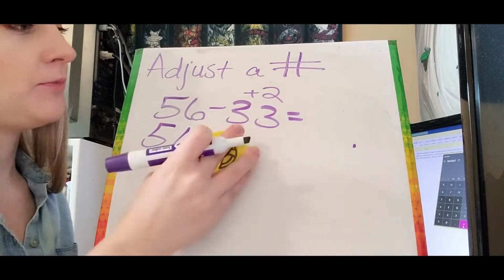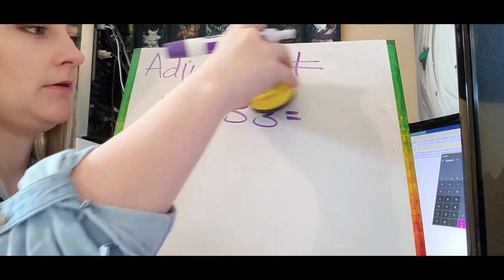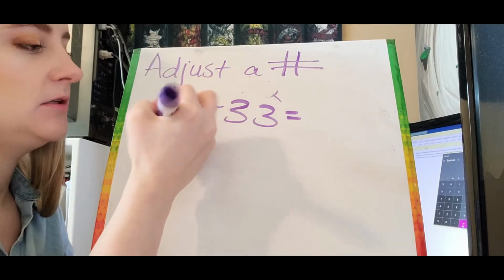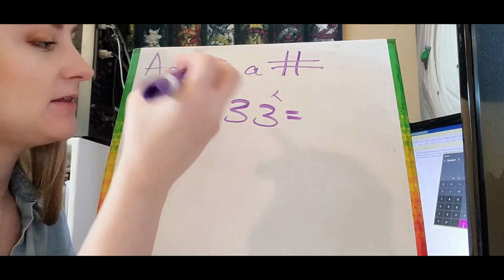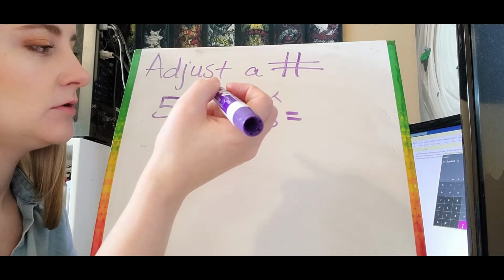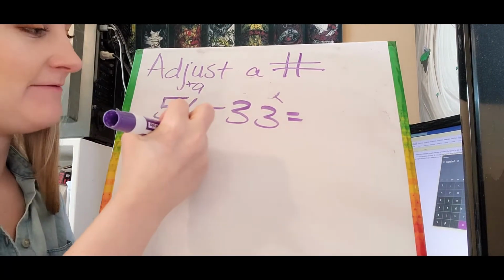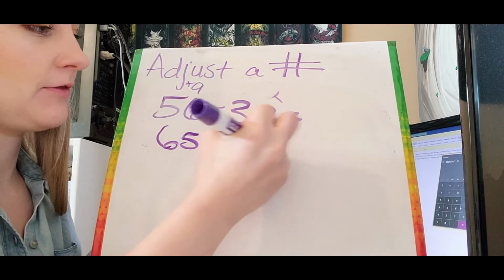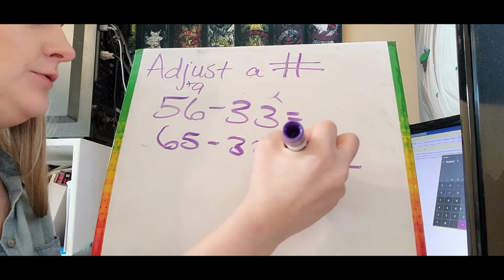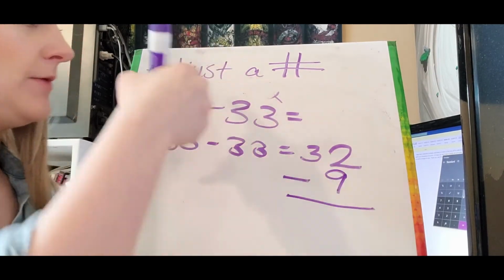Alright, let's do the same problem, but let's add something to the other side. Okay, let's say that we add, let's just add something random. Let's say that we add 9. Okay, so that's going to give us 65 minus 33, which would give us 32. And then we have to subtract the 9 that we added.